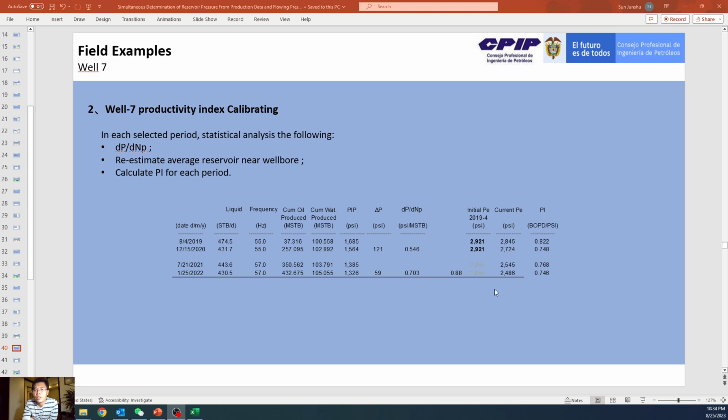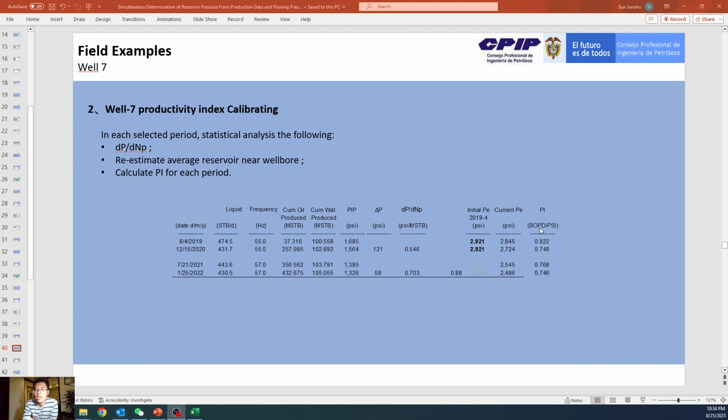Then we calculate the reservoir pressure around well 7 as 2,545 psi and 2,486 psi respectively in July 2021 and January 2022. The productivity index is 0.768 and 0.746 barrels per day per psi respectively.